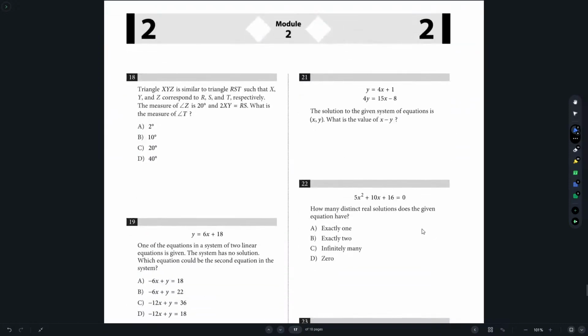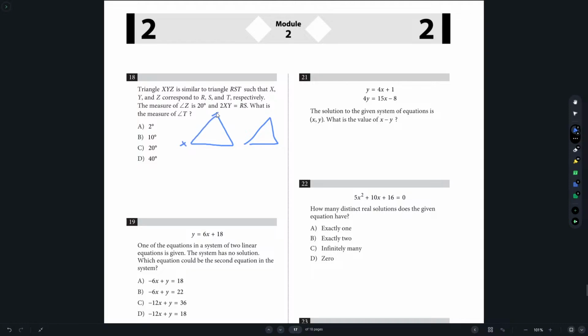Starting in 1998. Triangle XYZ is similar to triangle RST such that X, Y, and Z correspond to R, S, and T respectively. The measure of angle Z is 20, 2XY is equal to RS. What is the measure of angle T? I'll just draw a generic triangle.